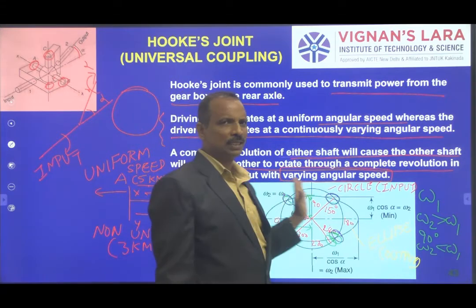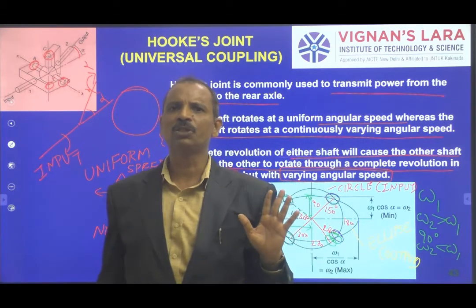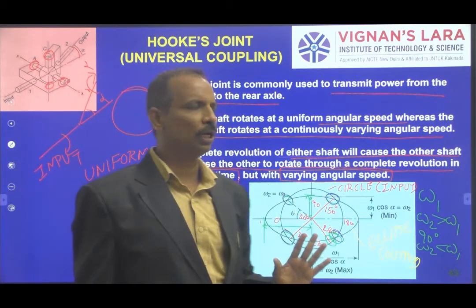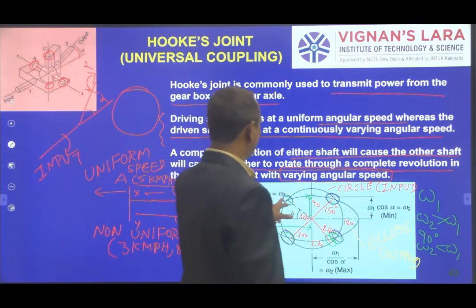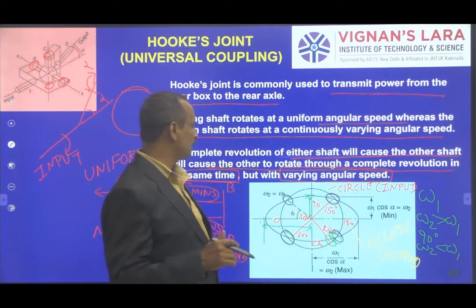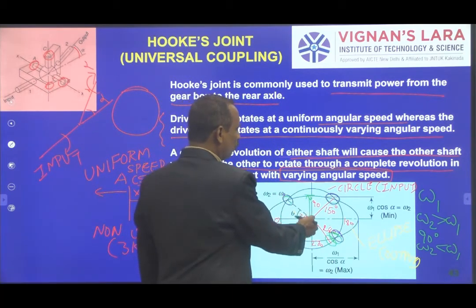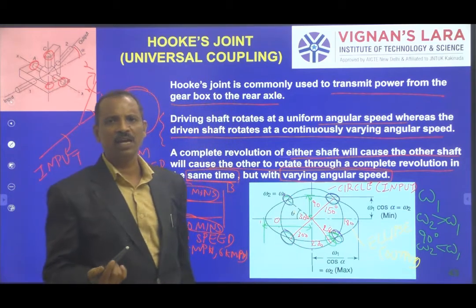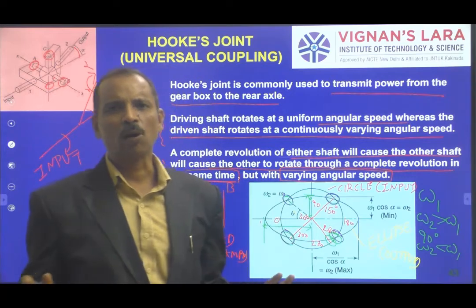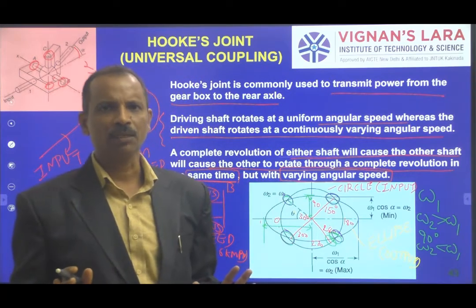So in this process, there are 4 situations or 4 positions where input shaft and output shaft will have the same speed. So in the next lecture, we will discuss mathematically what is the angle where input shaft and output shaft will have constant speed, isn't it?